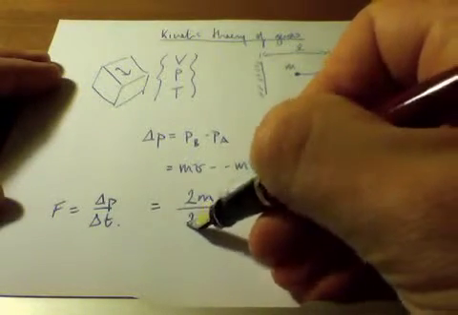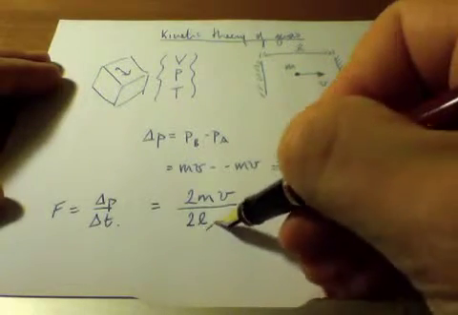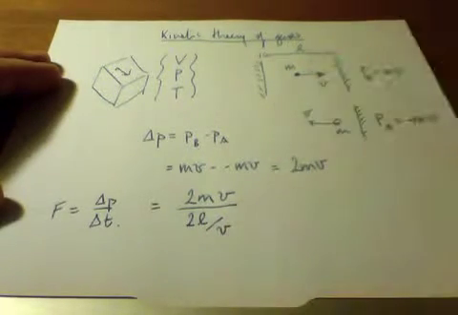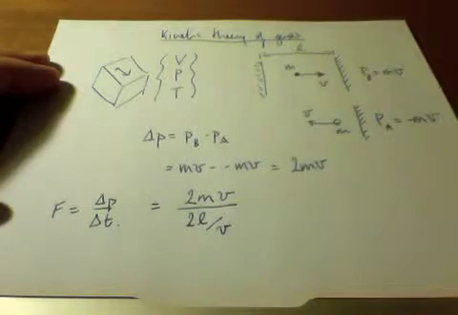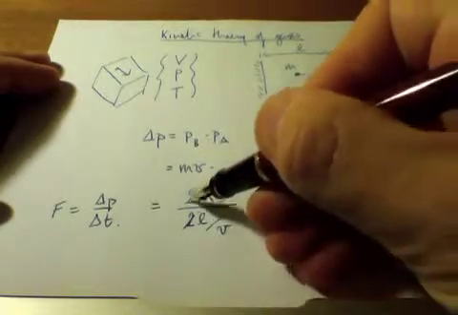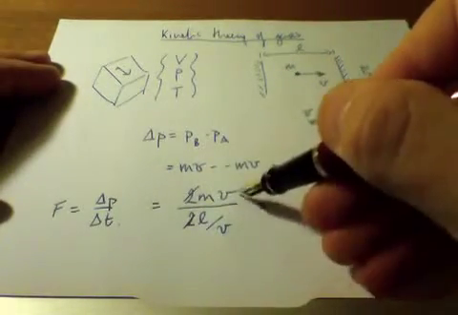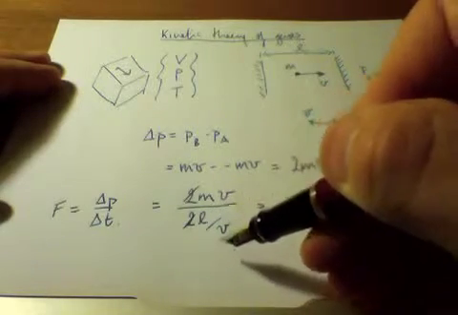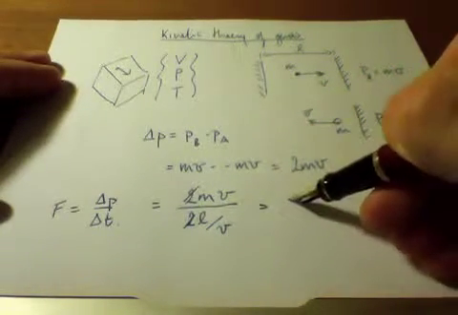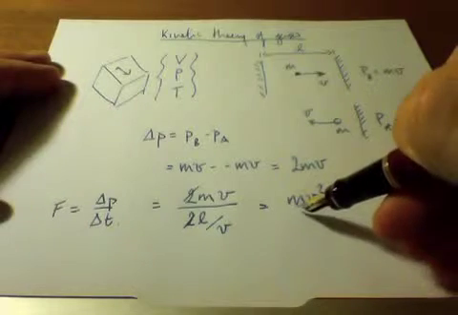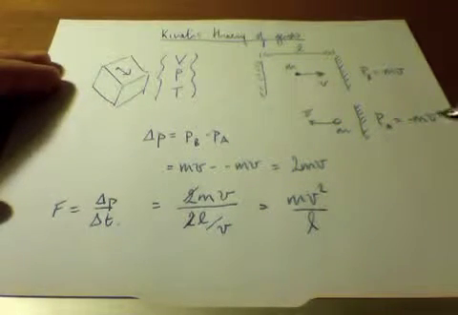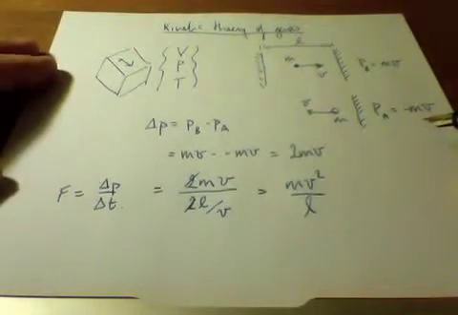The distance in this case is 2L, divided by the velocity of the particle. Okay, some cancelling can take place, but interestingly the v's cannot cancel because in dividing by a fraction you merely invert it, and therefore we have mv squared over L. Good, now there's a force.